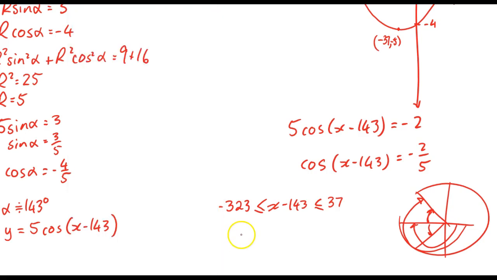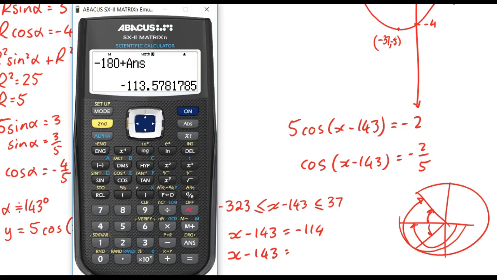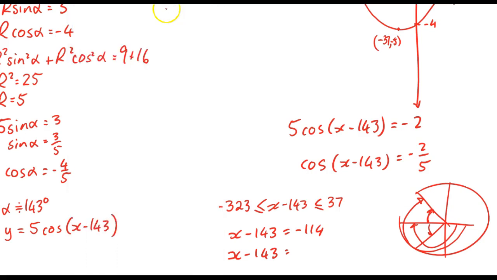So we've got x minus 143 is equal to negative 114, or x minus 143. Now it's going to be negative 180 minus that 66. Right, okay, so negative 180 minus my, was it 68? 66. Okay, negative 246.